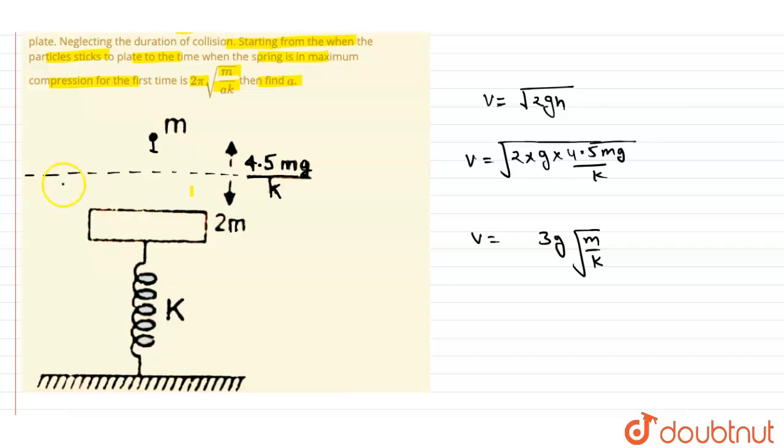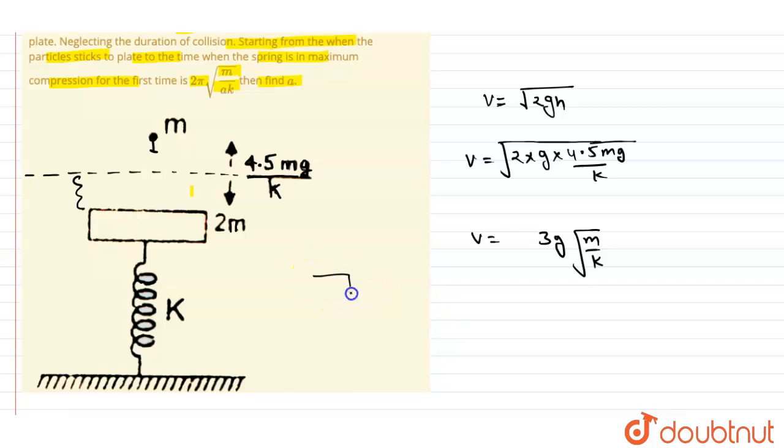So we can also find this much of distance. First of all, let us try to apply momentum conservation, by which we are able to find the velocity with which the particle, when it strikes, and both will move towards the downward side with some velocity v dash.